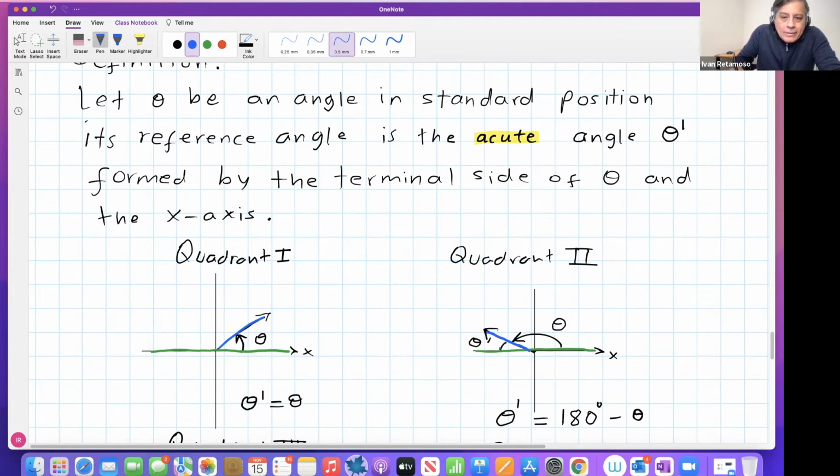The acute angle, the small angle, right? It's the acute angle formed by the x-axis and the terminal side. This is the small angle. Now, when you look at this figure, it's not hard to see that this theta prime, this reference angle, will be equal to what? 180 degrees minus the angle given. This gives you your reference angle, the quadrant 2 formula.